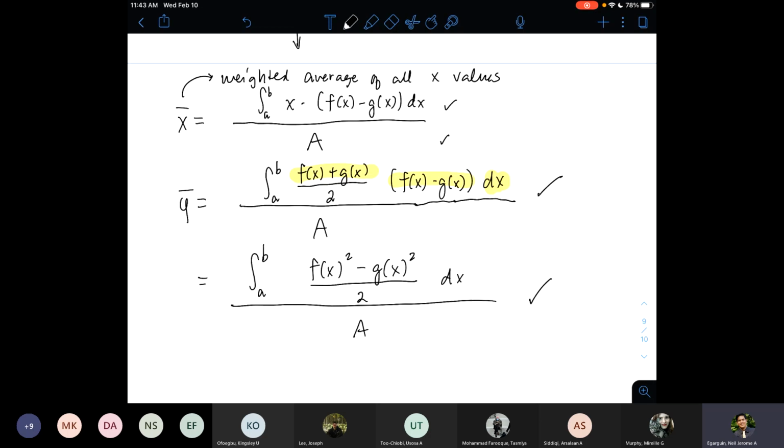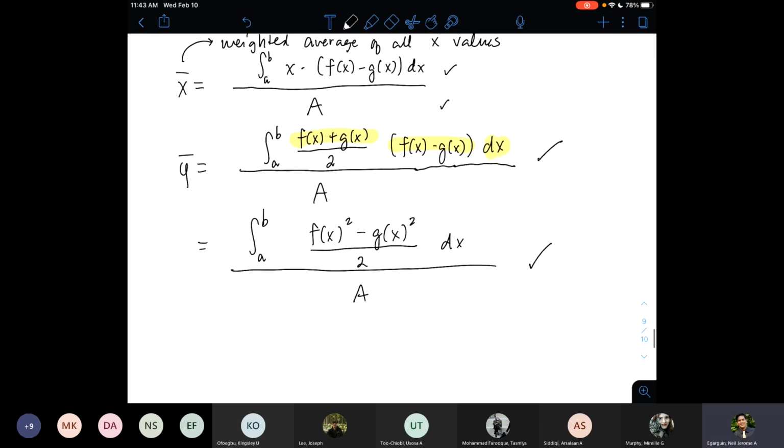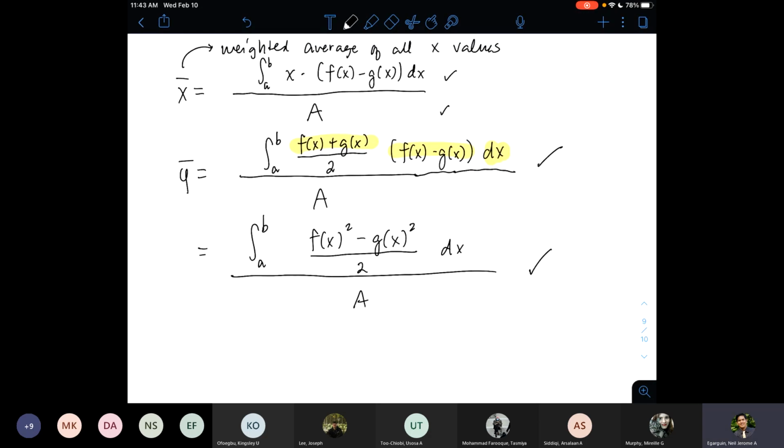Okay, let's look at some examples. I hope you understand the concept here. So the numerator would just be the weighted sum of the x's, and the weight is f of x minus g of x. For y bar, you still use the weight f of x minus g of x, but you take the average y value, which is basically the middle of the two curves.